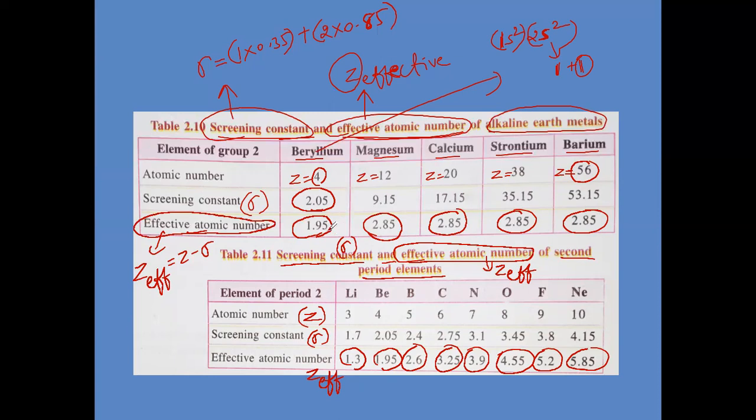In the group, what is happening here? The effective atomic number is increasing first and then remaining same. Is that clear? Yes, sir. Now, next, some more important points here.